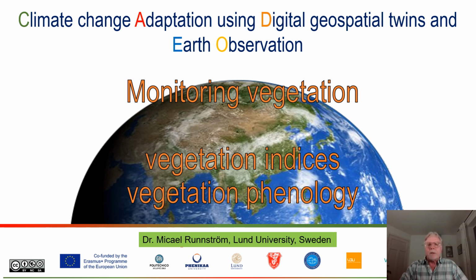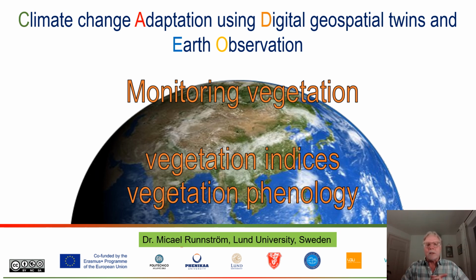When we observe the Earth, maybe one of the most important things we want to study is the vegetation, how vegetation patterns evolve. If we are losing vegetation or increasing vegetation, because this is related to the carbon balance.